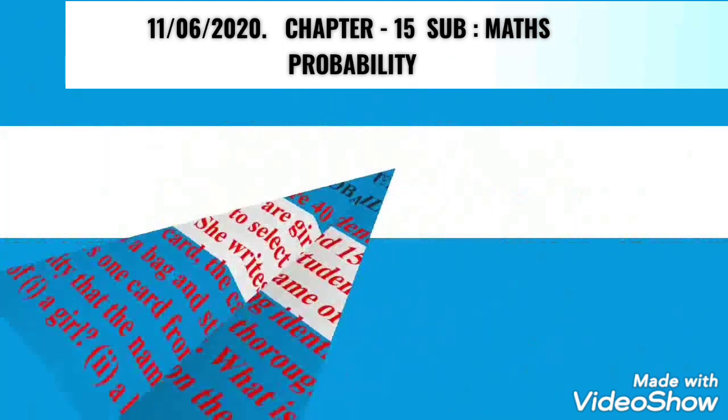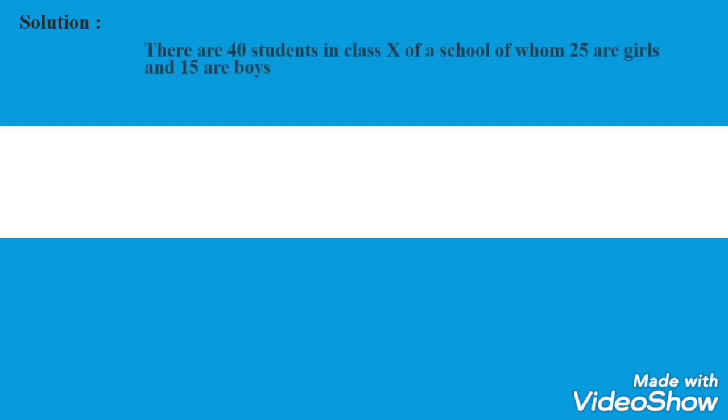So next we move on to the solution. What is the solution here? Just think about what the solution is. Before that, what is given: there are 40 students in class 10 of a school, split into 25 girls and 15 boys. Randomly we have to select any one student as class representative.